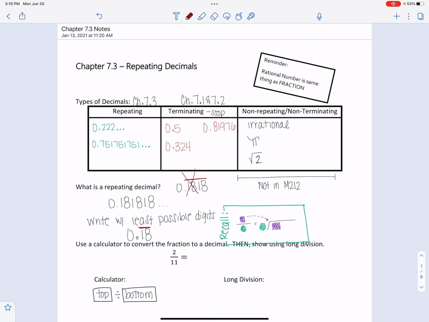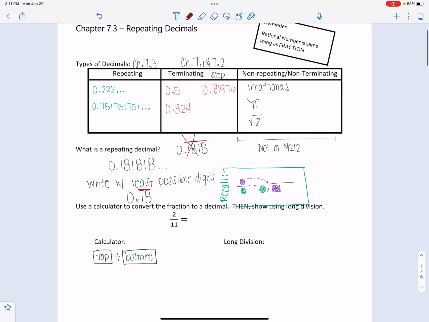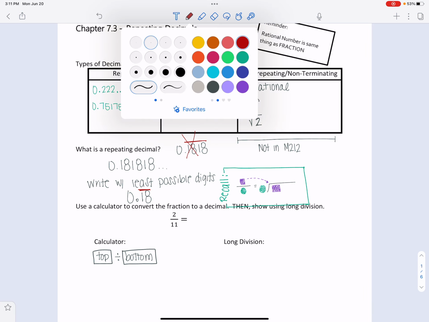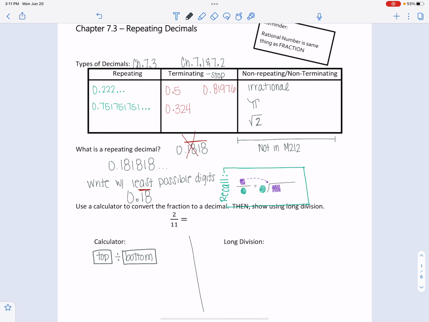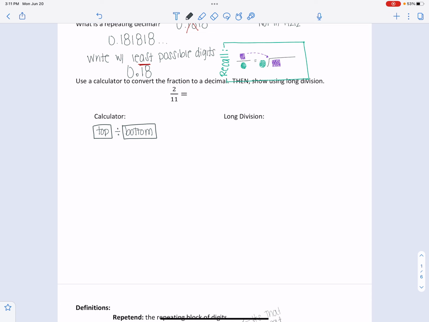So let's just look at, well, how can I convert these from fractions to decimals if I know they're a repeating decimal? Well, the first way that your homework and the test will ask you is just using a calculator. So that's going to be kind of the easy way. The easy way is going to take the top divided by the bottom.